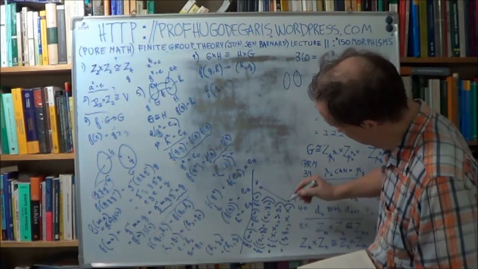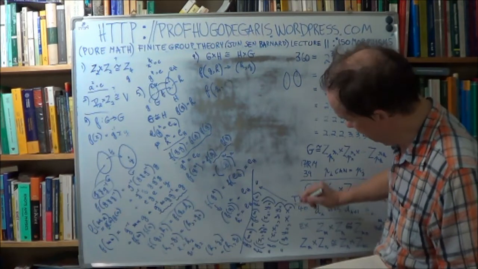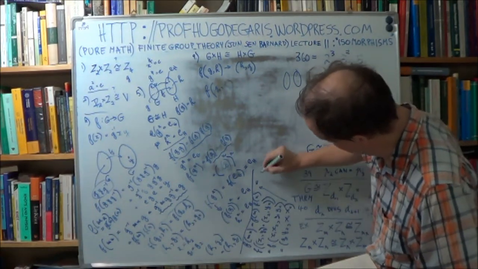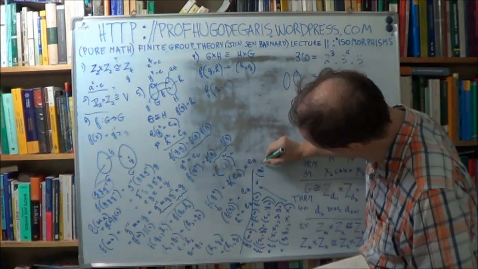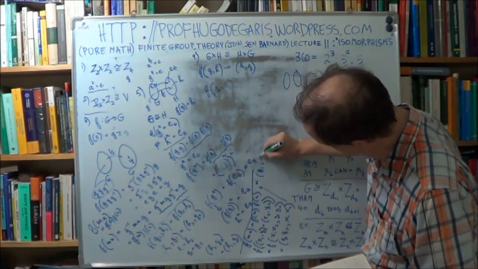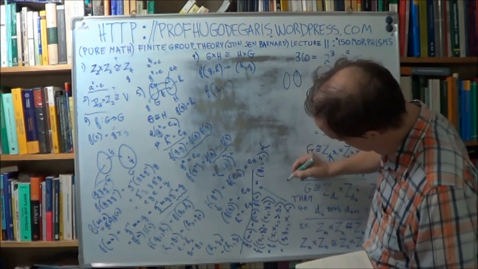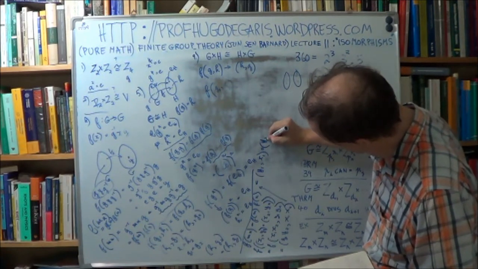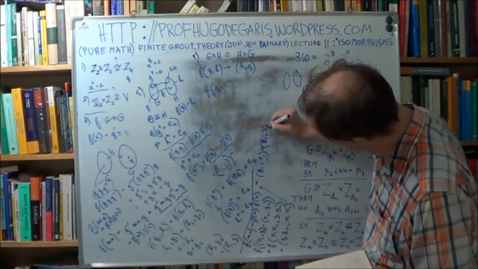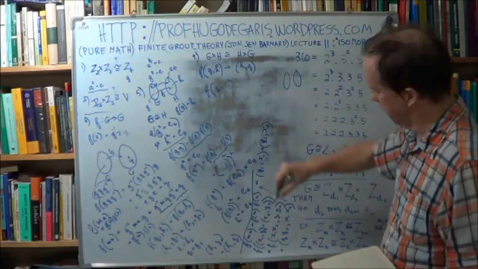Now this is the product of two elements of a direct product, so we can rewrite this as (y1, x1) binary operator (y2, x2).